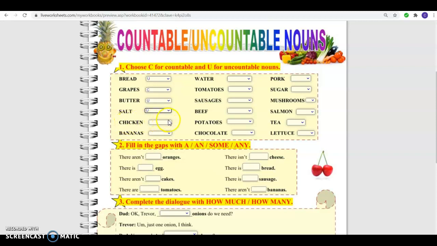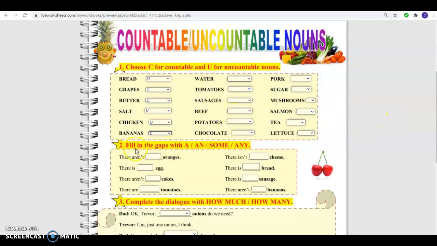Uncountable. Very good. Chicken. Me refiero a la carne. Chicken. Dijimos que todas las carnes son uncountable. Bananas. You see here the plural. Is it countable? Uncountable. Countable. Good. And you continue with the rest. Right? Continúas con lo que viene.